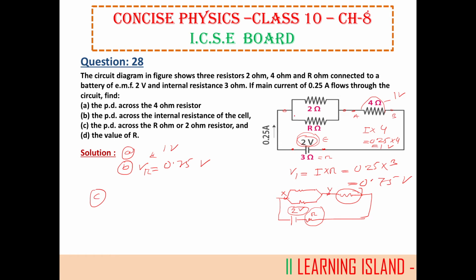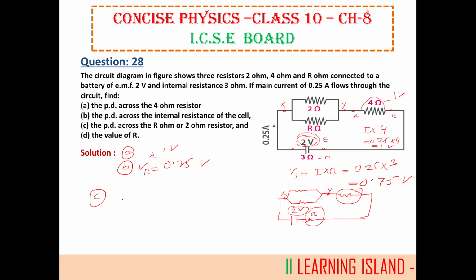Some drops in the internal resistance of the battery, some drops in the 4 ohm resistance. So finally we get the voltage here.